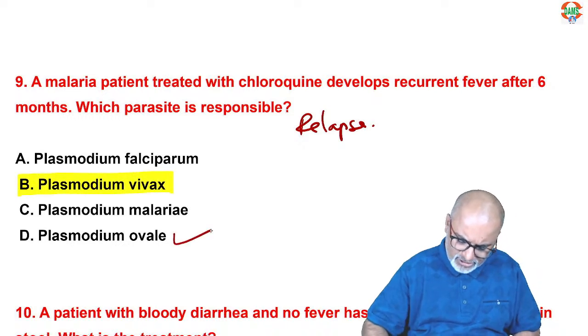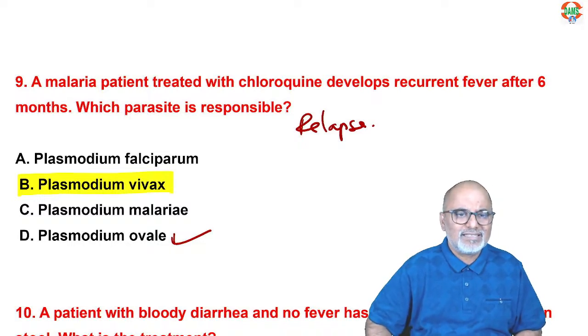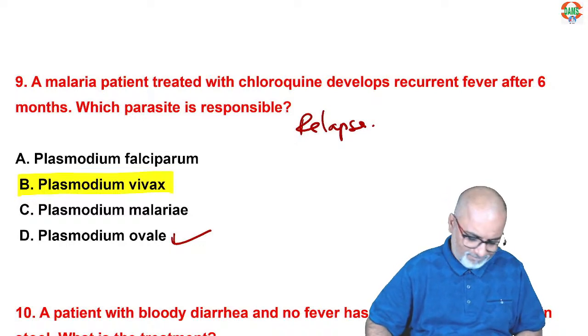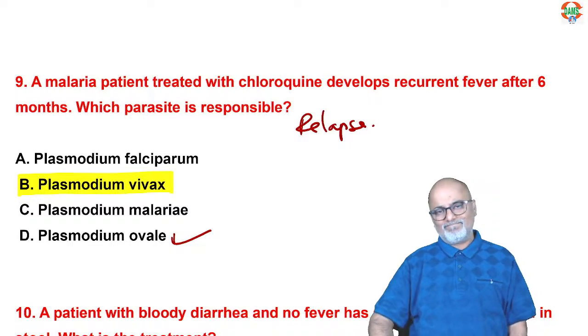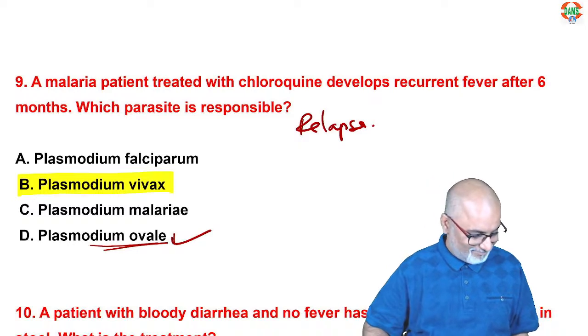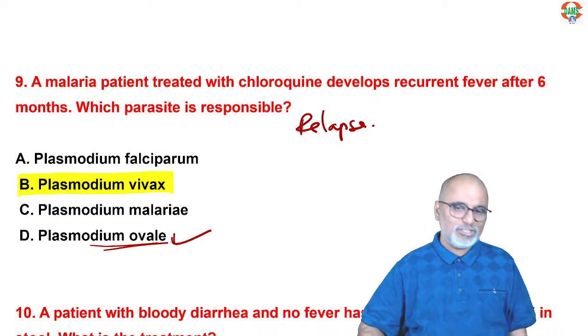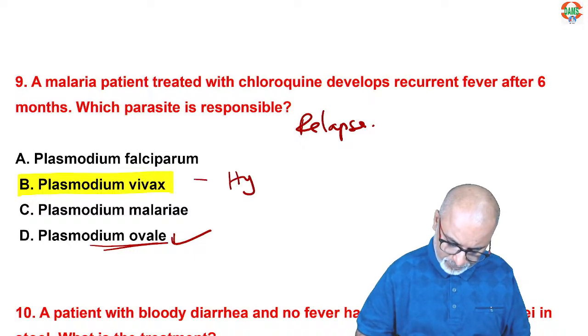Plasmodium ovale also causes relapse. Both are correct, but most common is Plasmodium vivax. Ovale is also present, do not forget. Among the two choices, I would go with vivax due to hypnozoites.